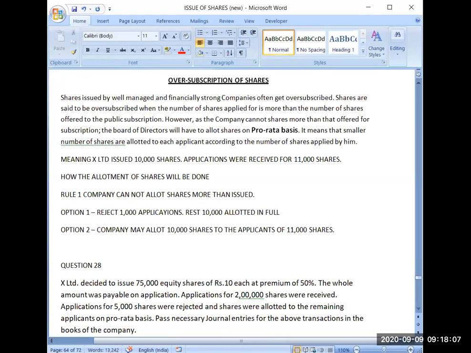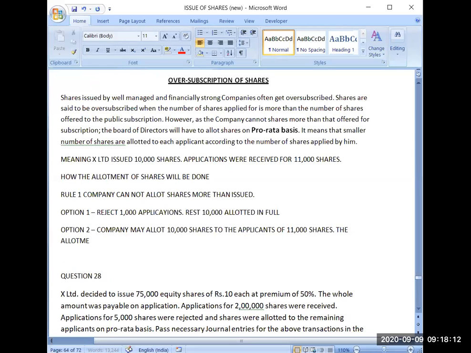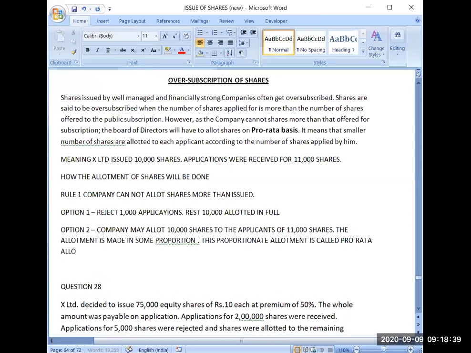So the allotment is made in some proportion. This proportionate allotment is called pro rata allotment.